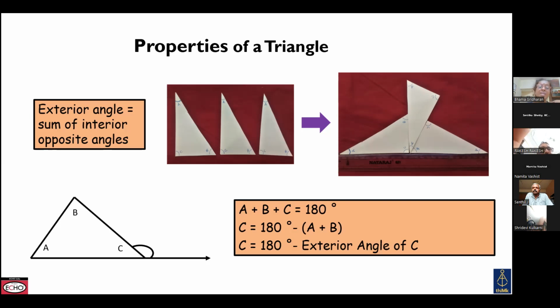So what does this mean? It again means the same thing. This property is nothing but the previous A plus B plus C is equal to 180 degrees. It's just putting it slightly differently. So the exterior angle C is nothing but the sum of the interior opposite angles.